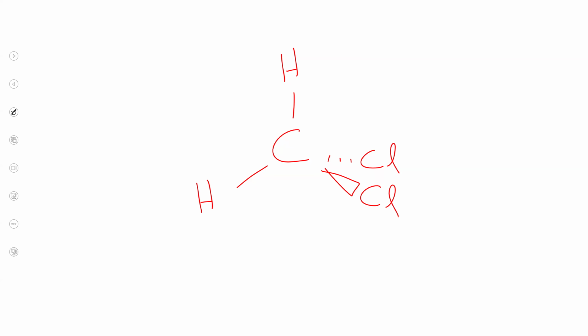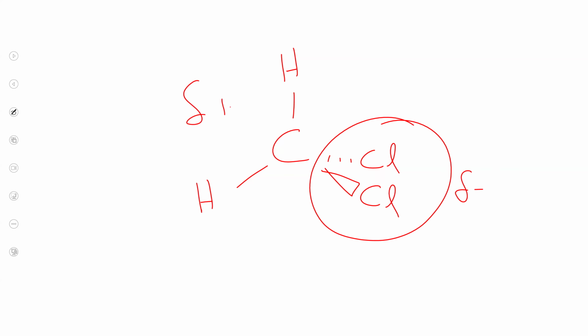What's pulling the electrons in this molecule? What's the biggest bully? So carbon is more electronegative than hydrogen. So carbon's pulling electrons from the hydrogen, but chlorine is more electronegative than the carbon. So the chlorines are the most electronegative thing here. They're pulling the electrons towards themselves. Is one part of this molecule going to have more electrons than the other side? Yeah. This area by the chlorines is going to have a partial negative because the chlorines are more electronegative than the carbon.